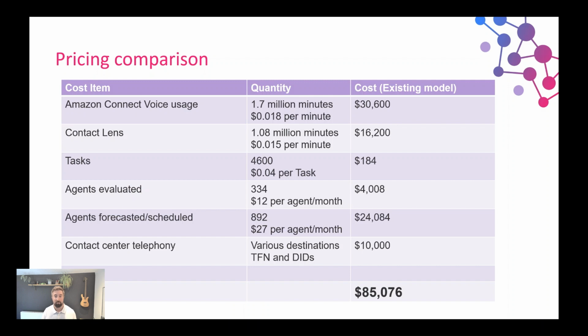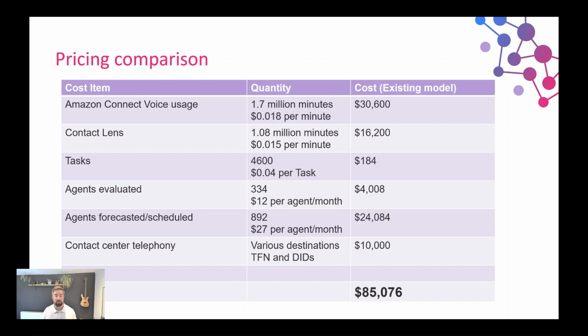Then on to some of the individual features which do start to bump the overall numbers up. Performance evaluations, 334 agents evaluated last month, giving a total of just over $4,000. Forecasting, capacity planning and scheduling, 892 agents forecasted or scheduled last month for a total of just over $24,000.